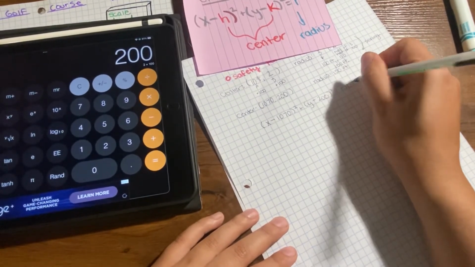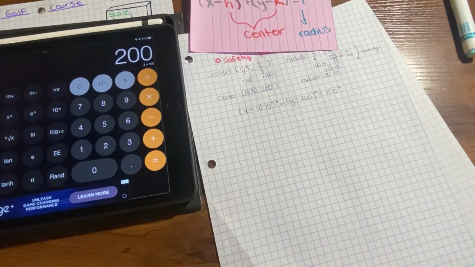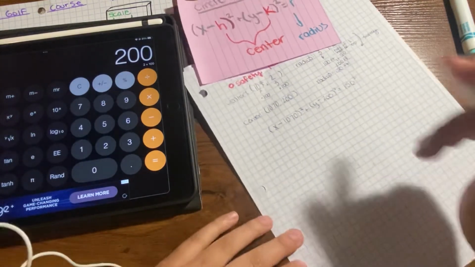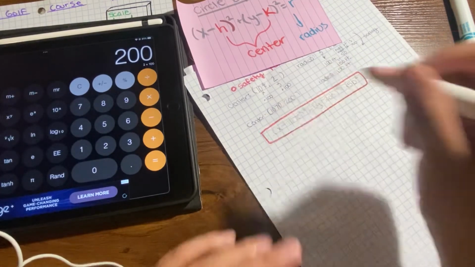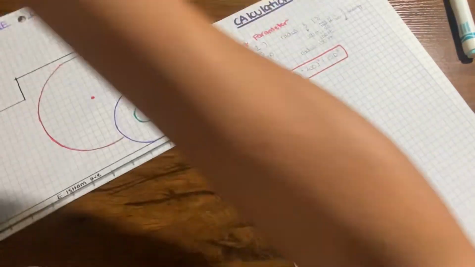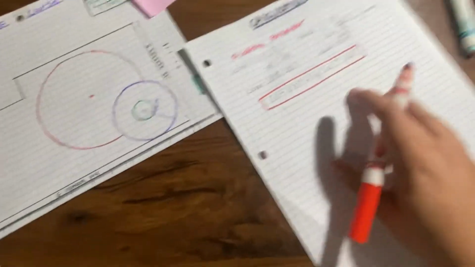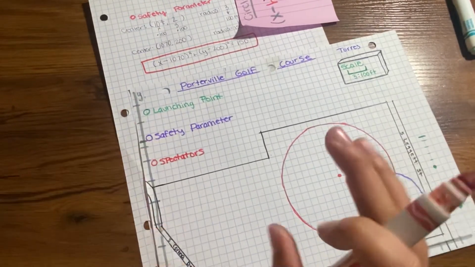150 squared. Now you can do this on the calculator if you want, or you can just leave it like that because that's going to give me a huge number, okay? And this is my equation. So I'm going to circle that. And the next thing I'm going to do is I want to be able to find this easily. So I'm going to add this right here to my safety parameter, okay?